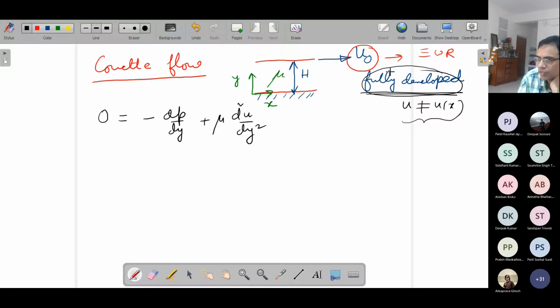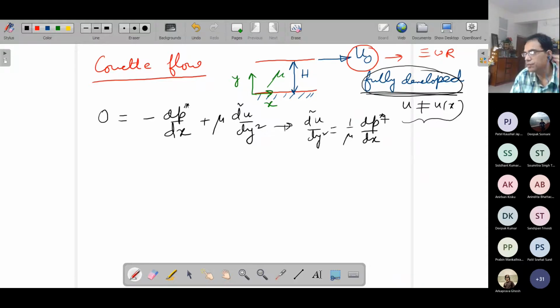So this is true. Now, before integrating, dp/dx, either P or P star, depending on piezometric or just pressure, depending on whether the gravity or height effect is important or not. So this is a function of y only.